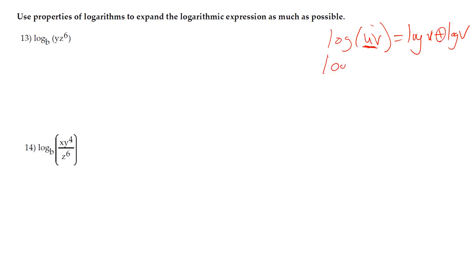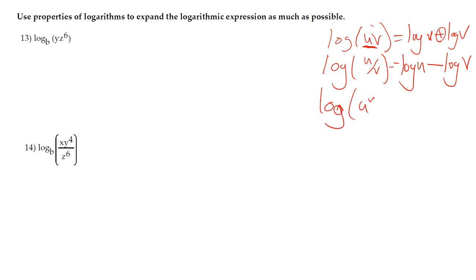If we have division inside, it turns into the subtraction of logs. And if we have something raised to a power inside our logarithm, that power comes out to the front as a multiple times the log. So multiplication to addition, division to subtraction, powers come out the front as a multiple.